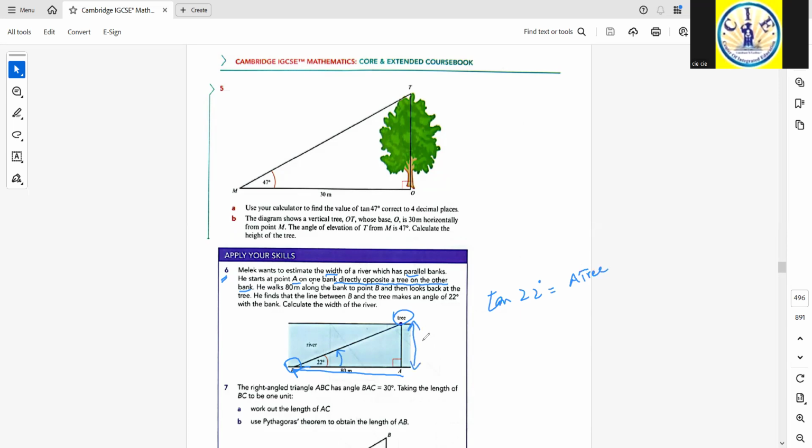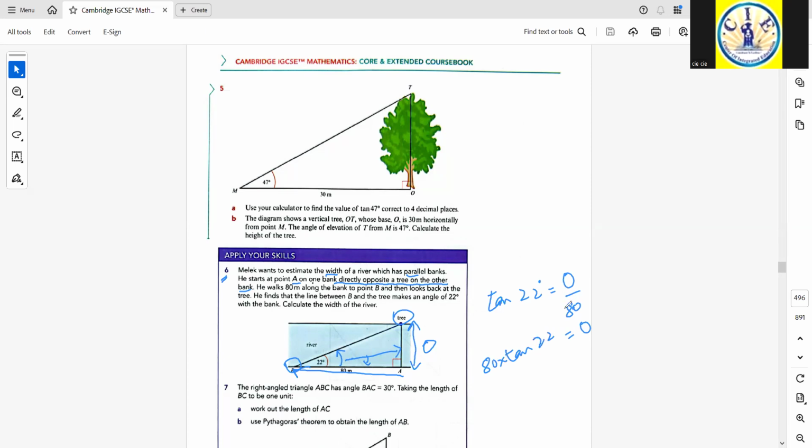Let me call it O. So this would be O divided by the adjacent side, that was the opposite side divided by the adjacent side, that is 80. So this O is actually equal to 80 times tangent 22.